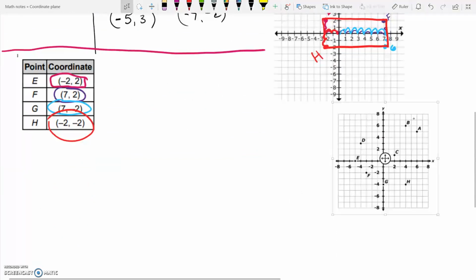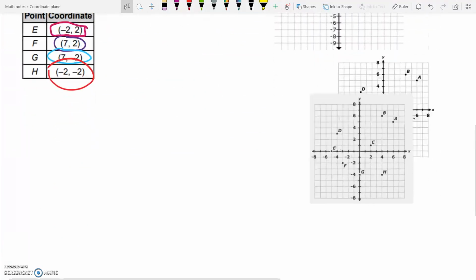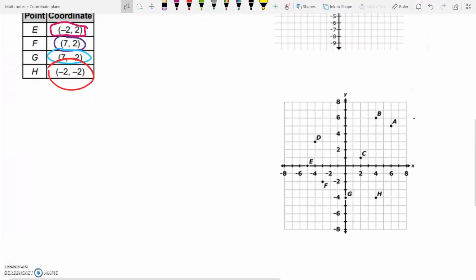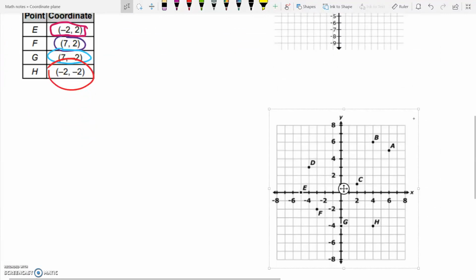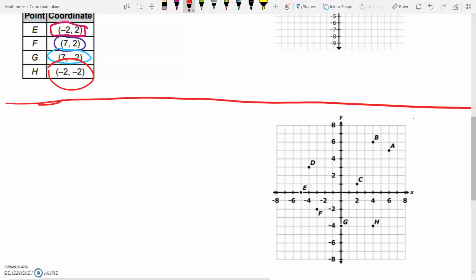Finally, on this graph right here, that you should have in your notebook as well, this is going to be used to identify some points. Okay, so if I wanted to know what is point A, I'm going to go to point A, right here. I'm going to count over, so I'm going to go to the right, 1, 2, 3, 4, 5, 6.